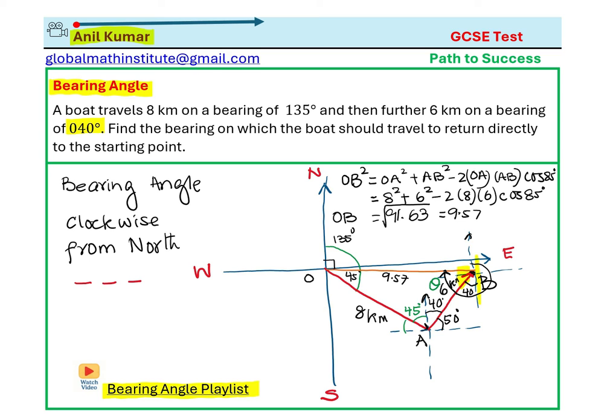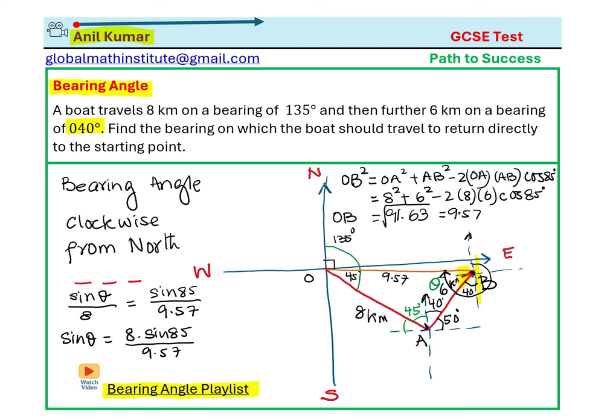So let me do it here, sine law. So we have sine theta over the side opposite to it, which is 8 kilometers, equals sine of 85 over the side 9.57. So we get sine theta equals 8 times sine 85 divided by 9.57.